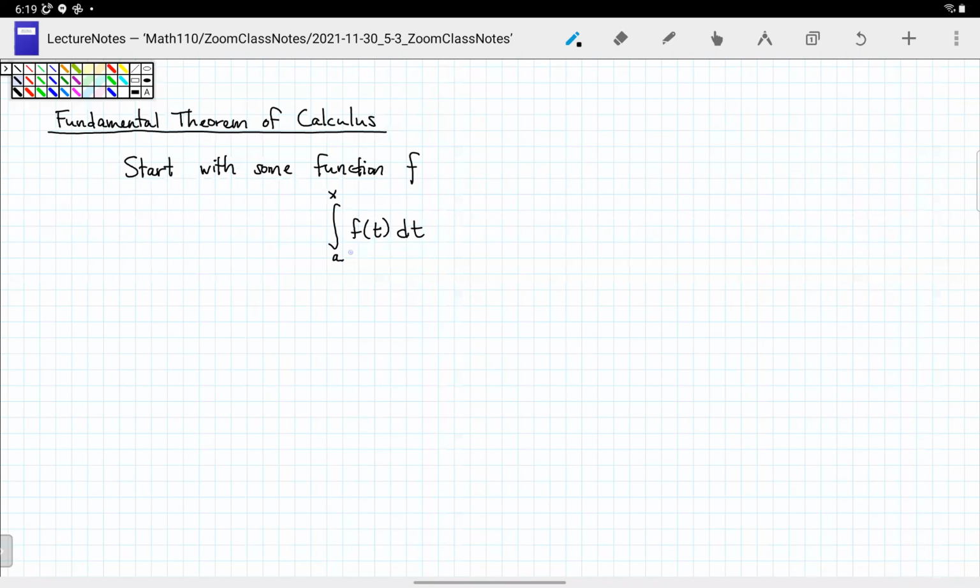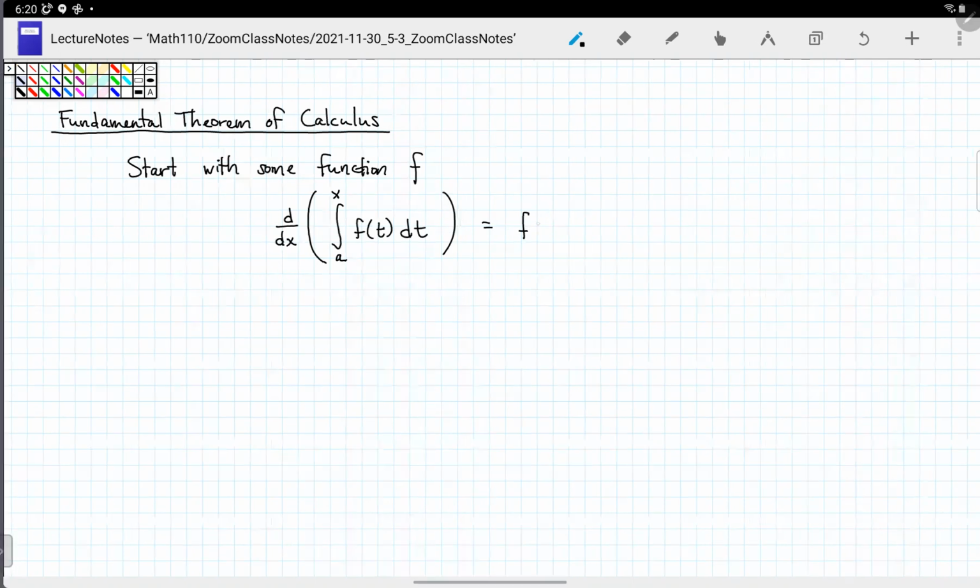Okay, and the fundamental theorem says that if I differentiate this function with respect to x, then I'm going to get that integrand function f of x back.